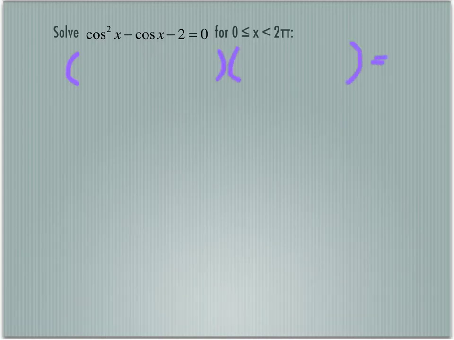This is my FOIL method in reverse here, essentially. And just as if this were x squared and x, when I have cosine squared, chances are my first value here is going to be the cosine of x, because when I FOIL this out, cosine times cosine will be cosine squared. And then I have to think, well, what numbers can I multiply together to give me -2?